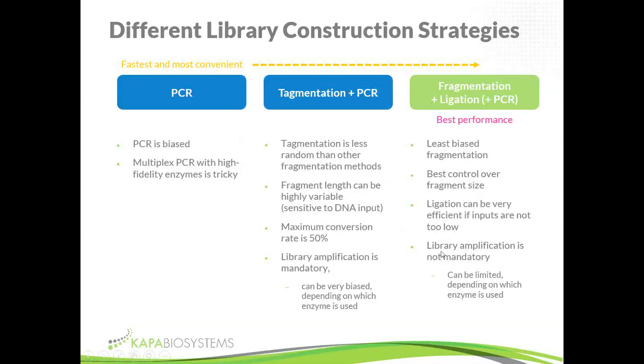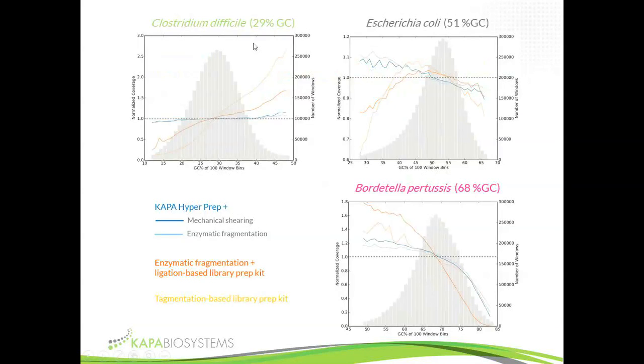And I'm going to end this part of the series just with a few data slides. I wanted to show you just what a big difference library construction can make to the library quality and the outcome of your sequencing in the end.